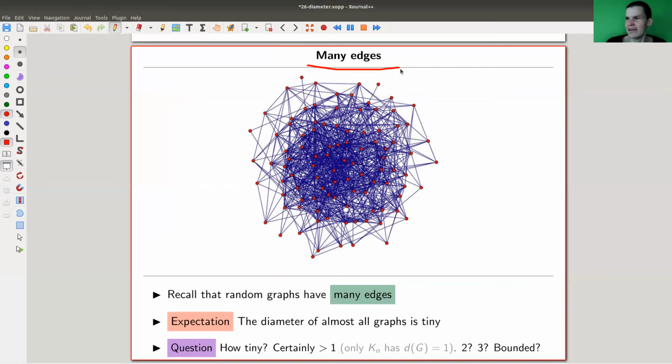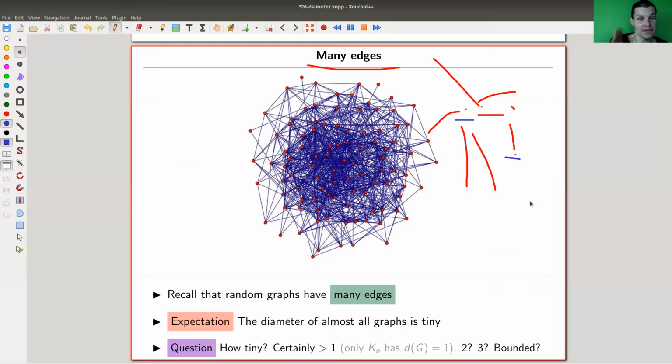Because for two or three vertices, there will be trillions of edges going in somewhere. So it's very likely that those two vertices end up very close by. The expectation I would have is that the diameter should be quite smallish. But how tiny precisely? 2, 3, maybe some bound depending on the number of vertices?